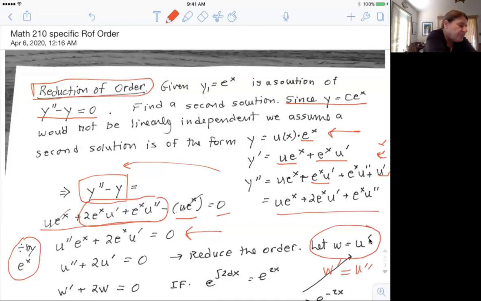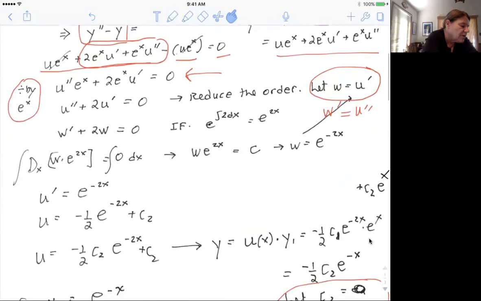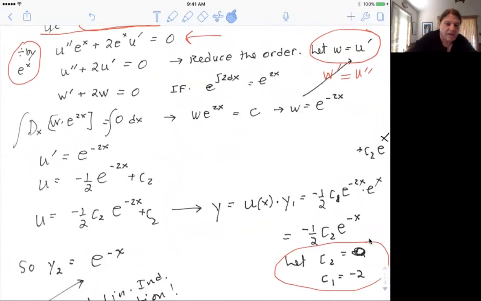Okay, we'll scroll up a little bit. So I'm right here, having plugged everything in. And now I'm going to make my substitution. Okay, so in the place of u double prime over here, I'm going to put W prime. And in the place of u prime, I'm going to put W. Those were my substitutions.